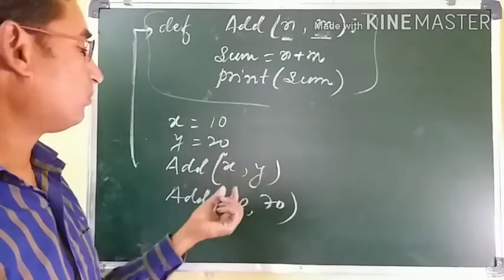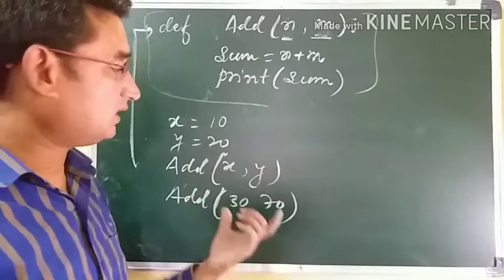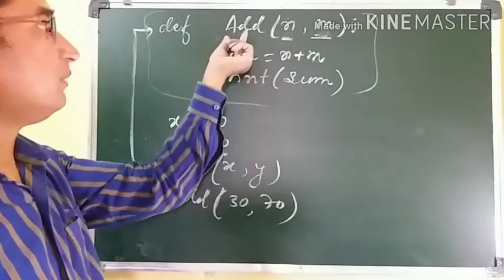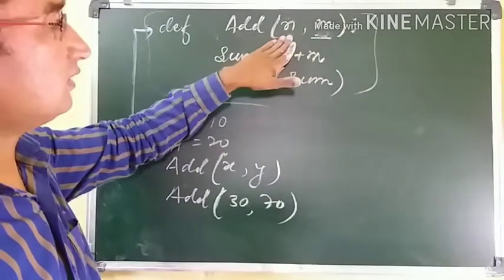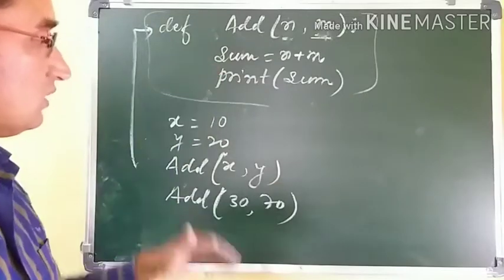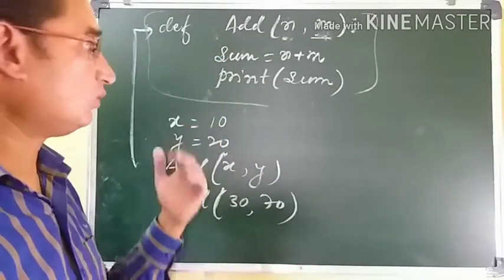If you provide one parameter, you will get an error. If you provide more than two parameters, you will also get an error. This function is defined with the name add and two parameters, so you have to use two parameters to call or invoke it.